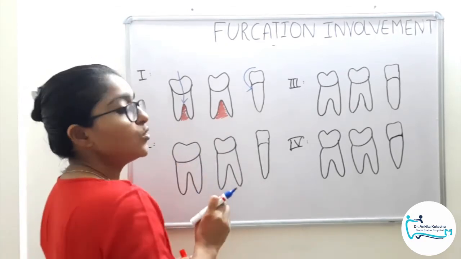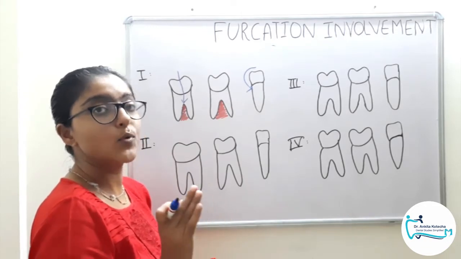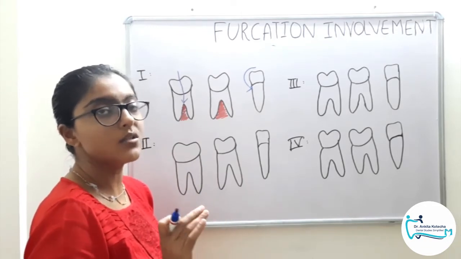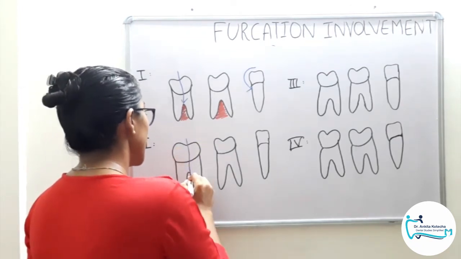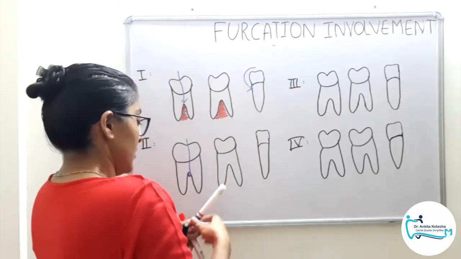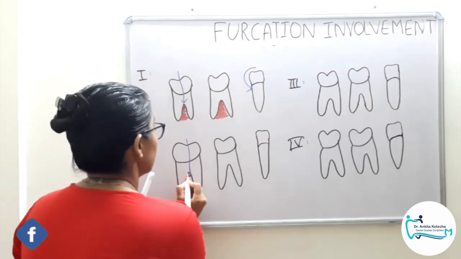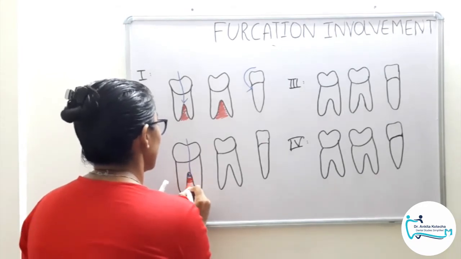Coming to grade 2, which has partial bone loss in the interradicular region, and hence the probe will penetrate partially and not through and through. That means there is a pocket which has entered the furcation. Clear? Partial bone loss means, let's say, just the partial bone loss to certain extent.